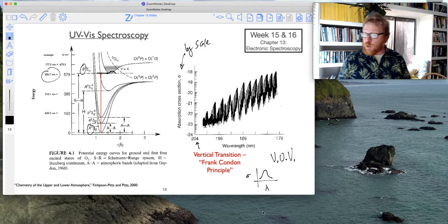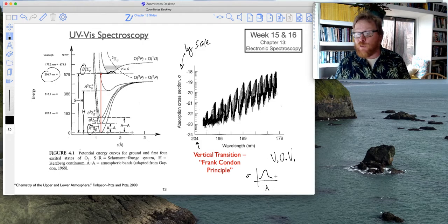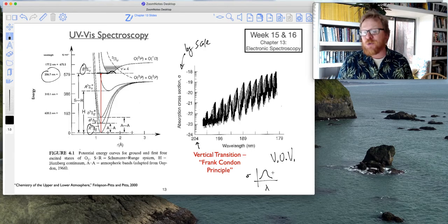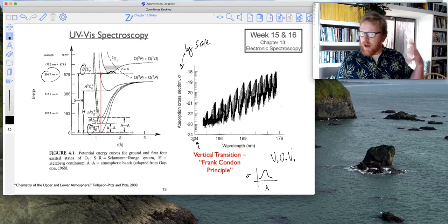Perfectly fine to have an absorption spectrum like that, and it's actually incredibly useful because we don't have to specify concentration or path length, right? This is just literally how much light a given set of oxygen molecules is going to absorb, okay?